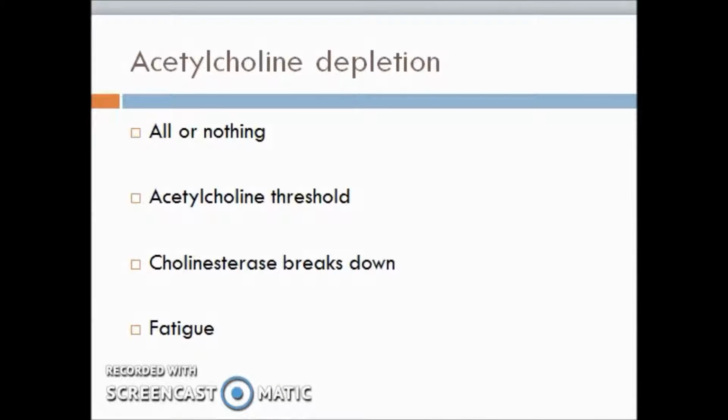Secondly, for the neuromuscular junction is acetylcholine depletion. During the neuromuscular junction, acetylcholine is present and is a key part for ATP, which in turn is key for the sliding filament theory, or basically movement and contractions. However, if acetylcholine stores are depleted, and not enough acetylcholine reaches the receptor strips, the nerves won't send impulses to the muscle fibers, which means they won't be able to contract, or contract powerfully enough. However, there is a threshold of acetylcholine.